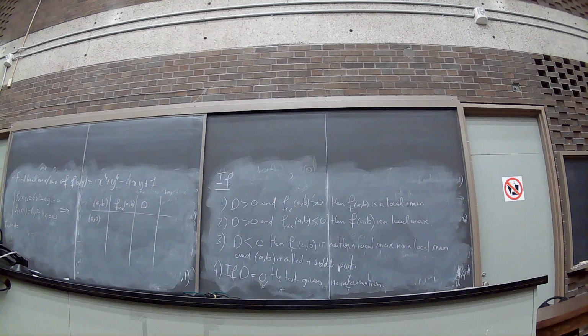What is fxx? This is 12x, right? This is 12y. So what do you have? You have 12x, 12y. What is fxy? This is minus 4, right? And what is fyx? It's also minus 4.